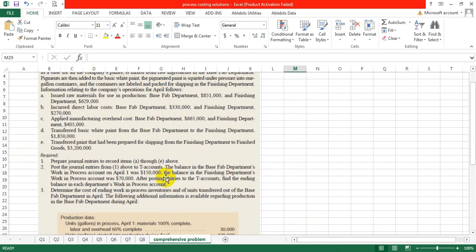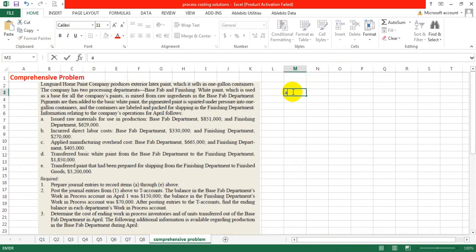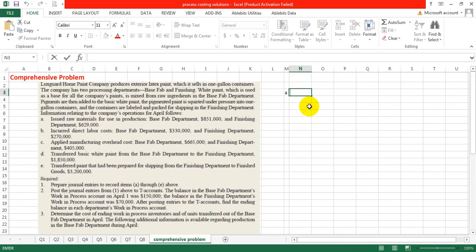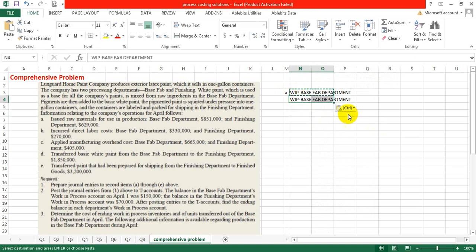So entry number 1, or we can say A, I'm writing the entries here. Debit work in process, base fab department, and debit work in process, finishing department, right?